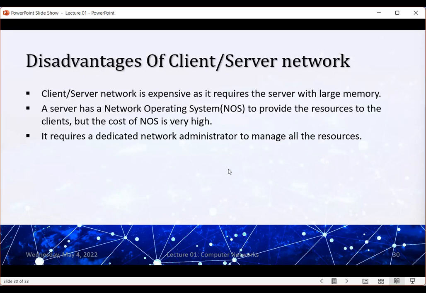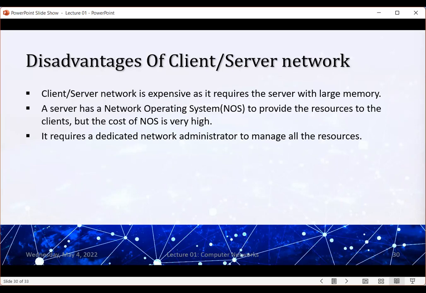And the server should have a network operating system. That means in your computers, you are using operating systems, no? Like Windows, Linux, likewise. But if we keep a server separately, we should purchase a network operating system.